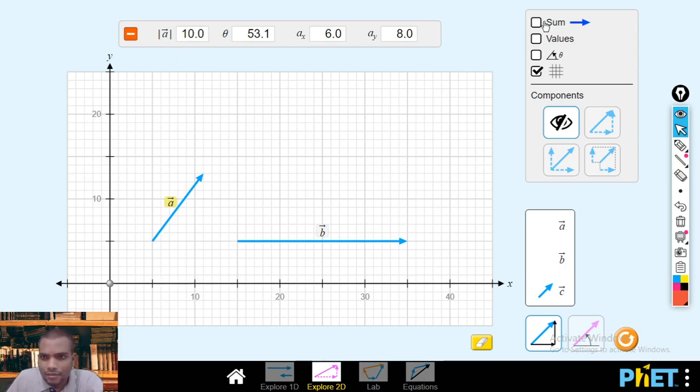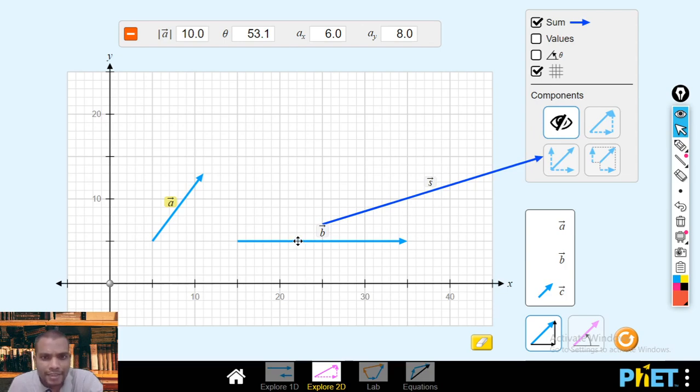Now here I have an option, sum. If I click on sum again, it is not added by itself. Suppose I click on it, it adds by itself. How did I get the sum s? It is the blue vector.